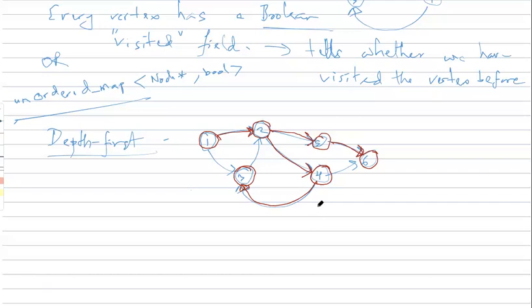So it is going to follow the order in which the nodes had been laid down. So it's typically going to follow the numbering order, correct? Yeah. So that's the key difference here.